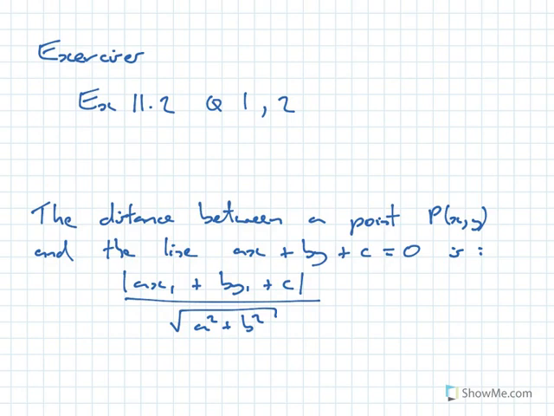The distance between a point (x1, y1) and the line ax plus by plus c equals 0 is the magnitude of ax1 plus by1 plus c, all over the square root of a squared plus b squared. We won't look at proving that one, however I think it's probably a bit easier to prove, so if you want to have a look at it yourself then please do so.